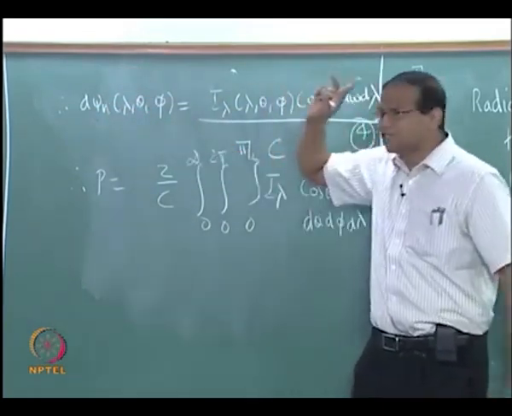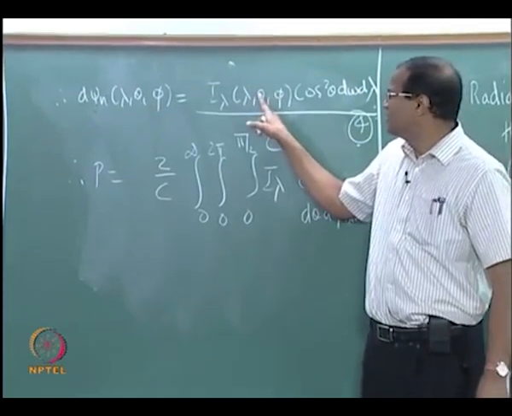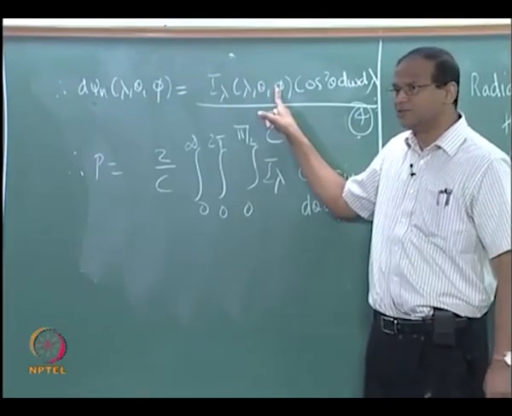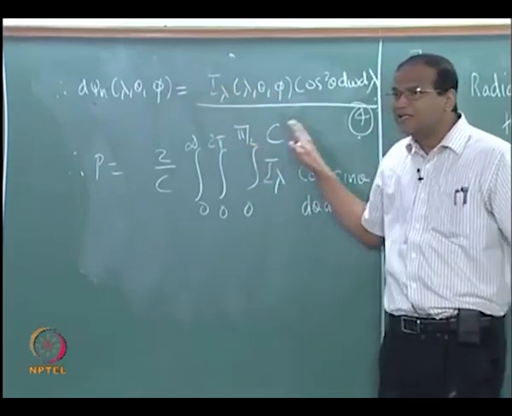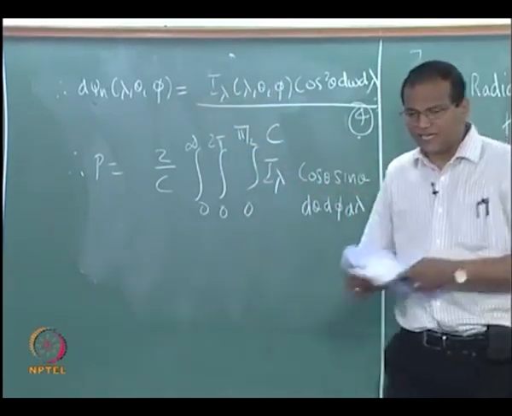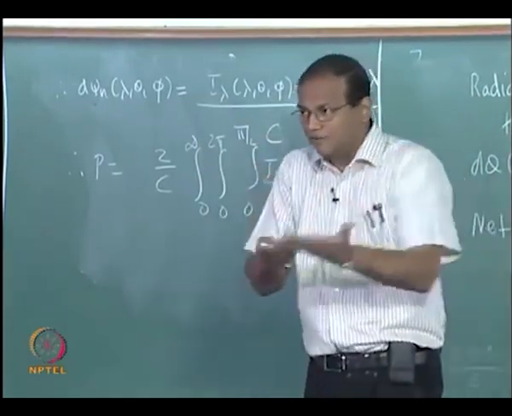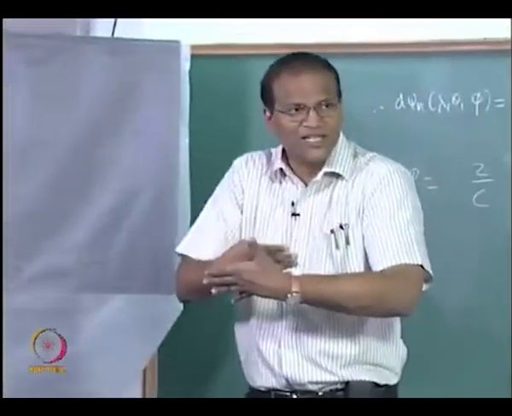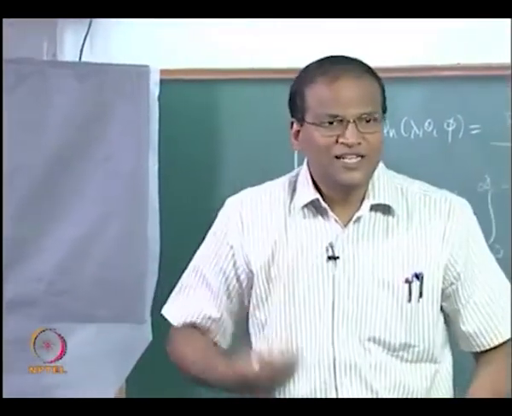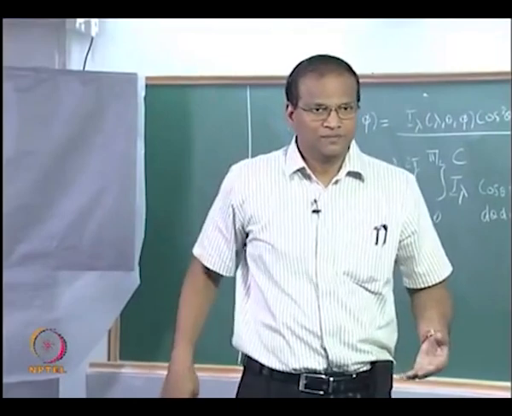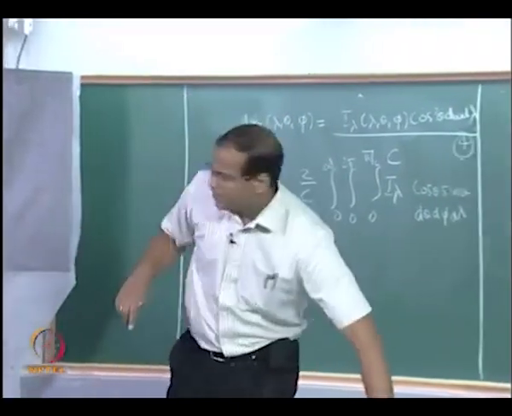This has to undergo 3 integrations: one with respect to theta, one with respect to phi, and one with respect to lambda. But if you do that, this answer is only half correct, because I am saying that it is a perfect reflector, whatever is coming and whatever is going out. If you want to find the net momentum change, incoming minus outgoing, incoming is x, outgoing is minus x, so it is x minus minus x, which will be equal to 2x. Okay, that is given by this.